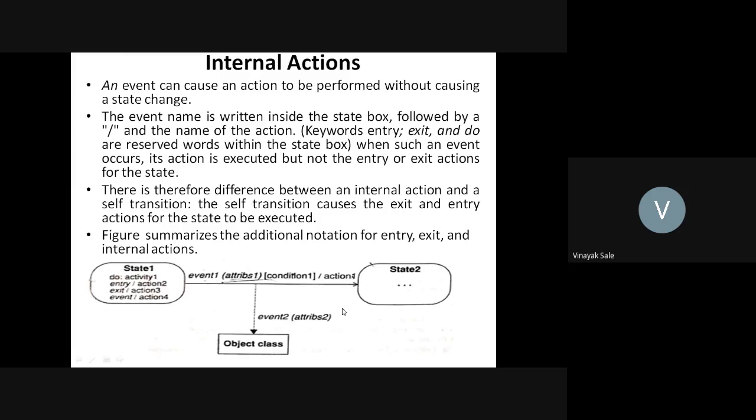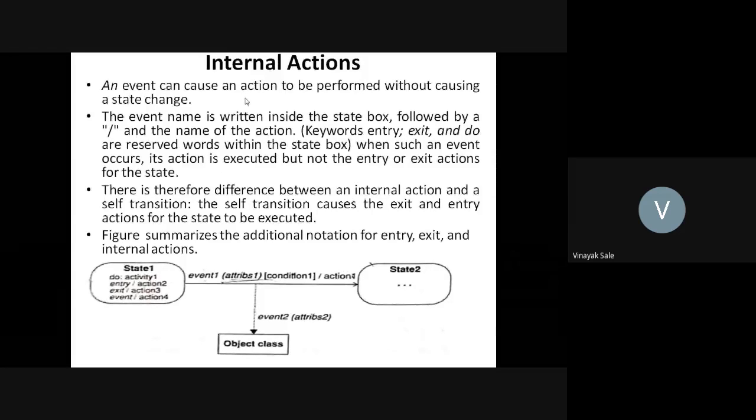Then the second part is internal actions. An event can cause an action to be performed without causing a state change. We know Newton's third law: every action has an equal and opposite reaction. Similarly, an event can cause an action without causing a state change.